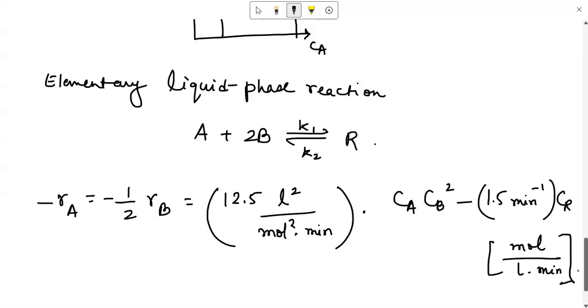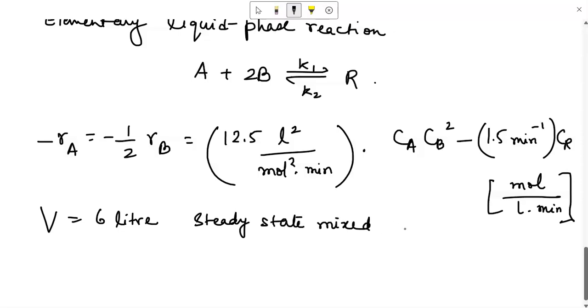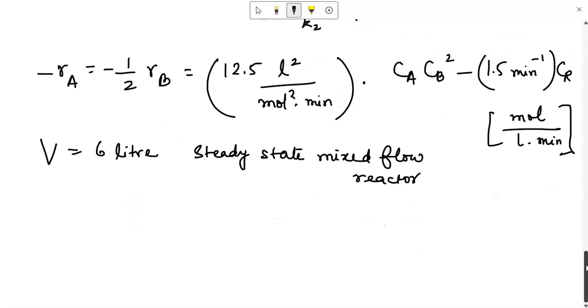This is the rate equation, and this reaction is taking place in a 6 liter steady state mixed flow reactor. So far so good. Now let me draw a schematic to help us understand the problem. We have a vessel, we know the reaction that is occurring, the volume V is 6 liters, and there is a stirrer over here.